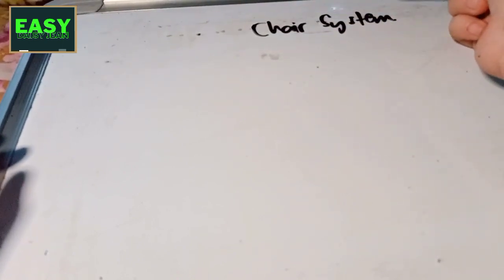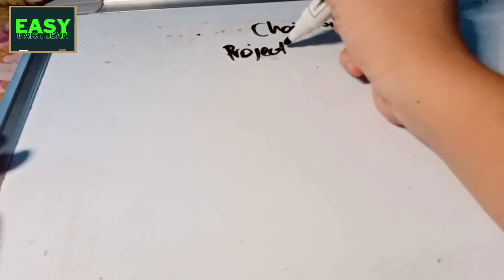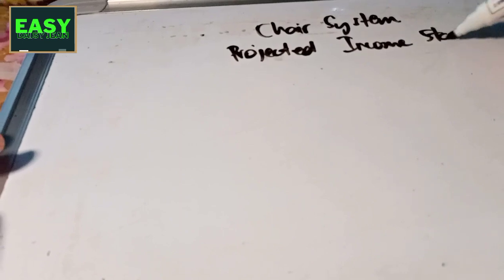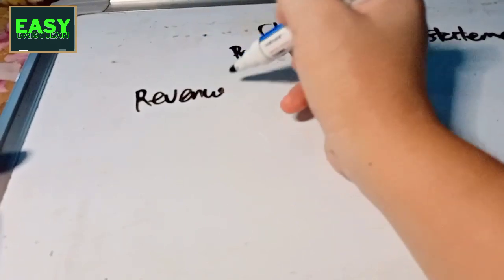Chair System is the name of the company. Then you will write projected income statement. First, you will write the revenue.